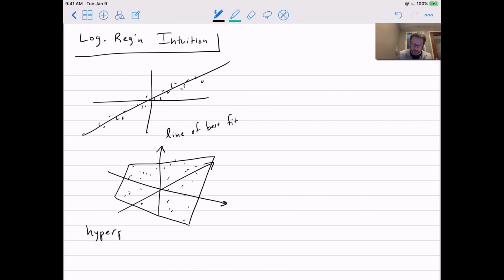A hyperplane is basically the n-dimensional version of a plane. So in 2 dimensions, a hyperplane is a line. In 3D, a hyperplane is a plane, like a flat surface. In 4D, a hyperplane is a 3-dimensional surface, but it's actually kind of flat in 4D.